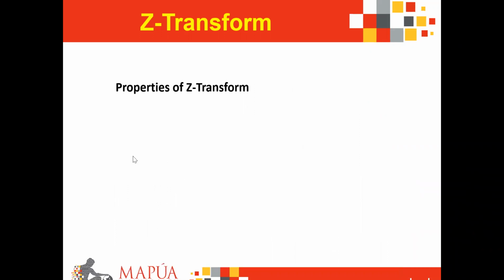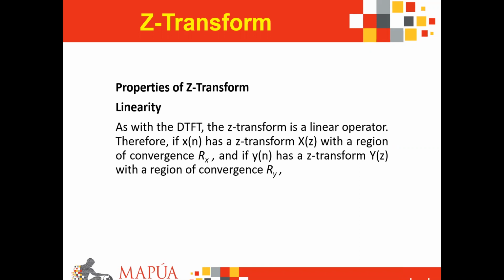Okay, ano yung mga properties ng Z-transform that we need to look into? The first one is linearity. Again, much like your linear time invariant systems on your discrete time signals, usually when you apply Z-transform, it has to be linear.